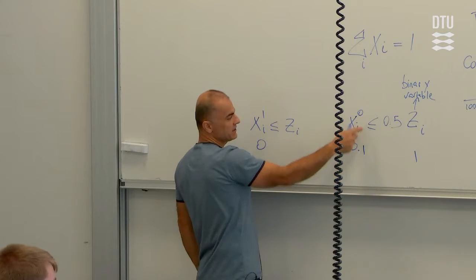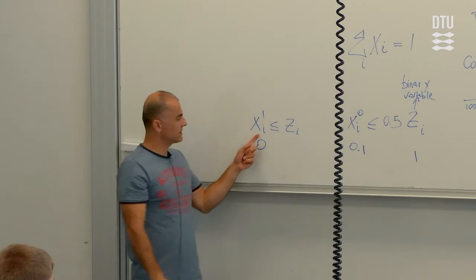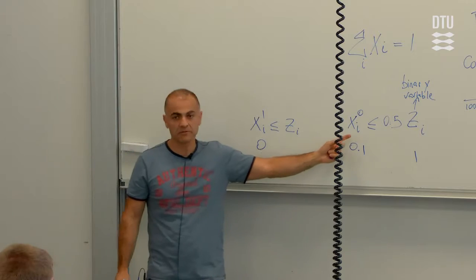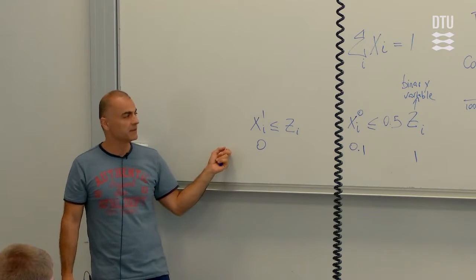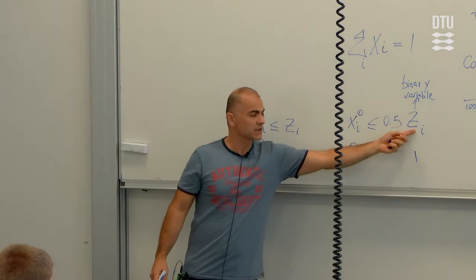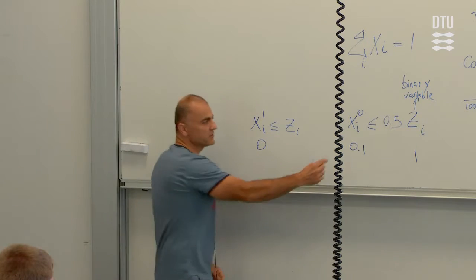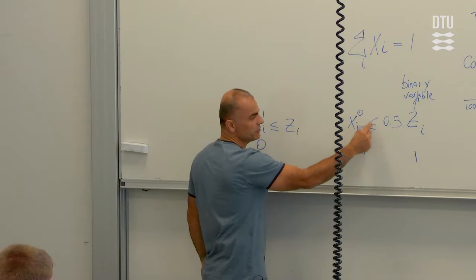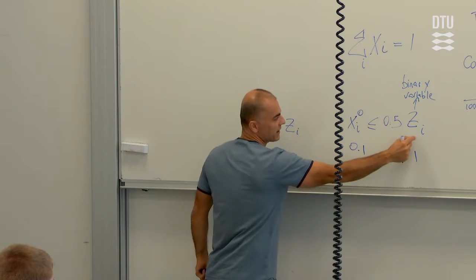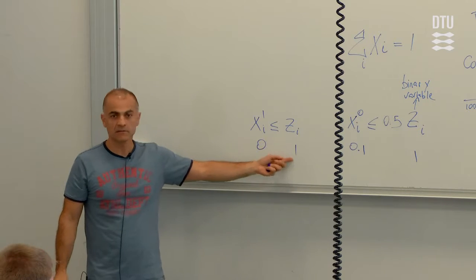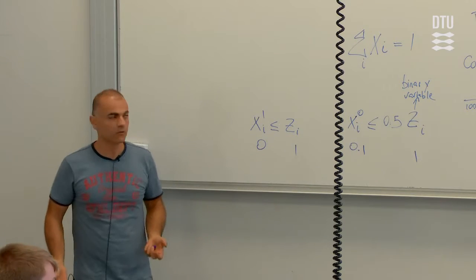So I say xi0 is 0.1, but xi1 is 0. So I'm just buying 10%. I'm filling up the first bucket, but the second bucket is not filled. But it's the same z, which would be 1, right? Because of xi0 being equal to 0.1, I get a 1 here, and this becomes automatically 1. But it's still fine, because 0 is still less equal 1, right? So that would be fulfilled.